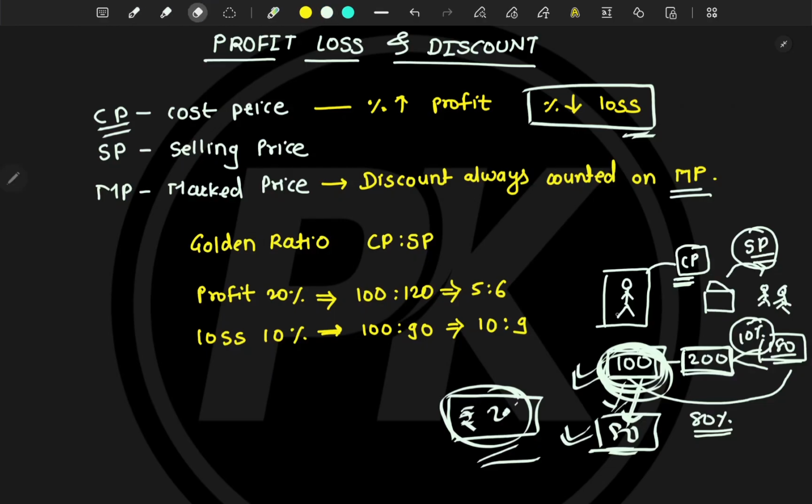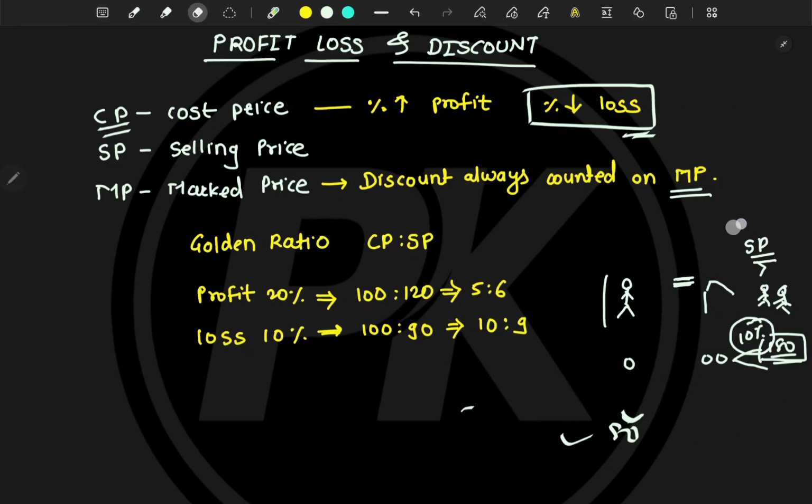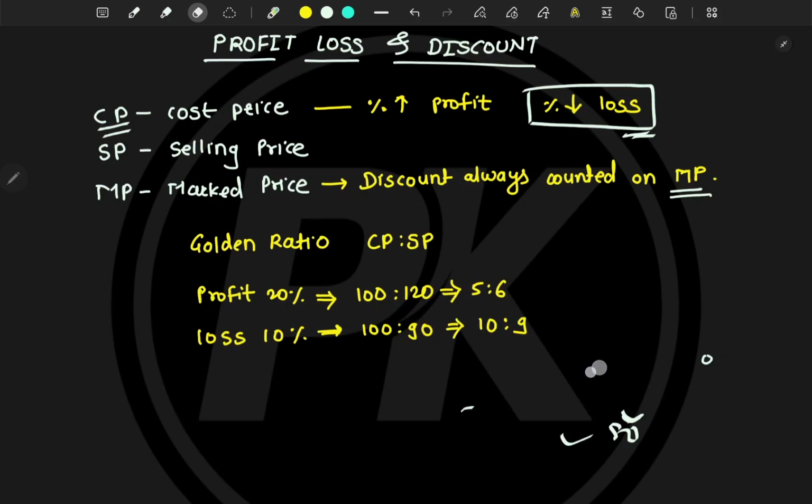Okay, maybe let me erase this portion. Okay, now what I am saying is, you bought a shirt at 100 rupees, you sold it at 180 rupees, right? That means percentage increase in the cost price. This was your cost price, this is your selling price.